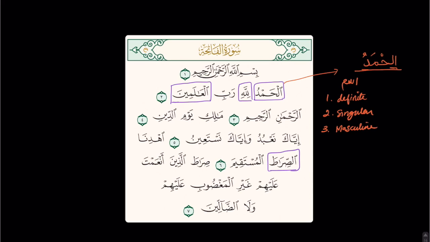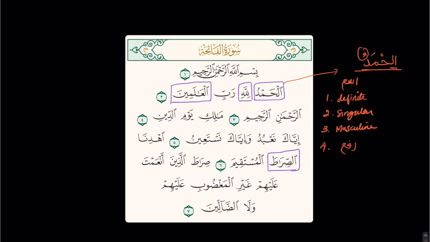It doesn't have the atun ending, and it is not a broken plural either, so by default it is masculine. And finally, the status, we see that there is a dhamma at the end, so it must be in rafa status. So alhamdu is playing as the subject and doer of the sentence.